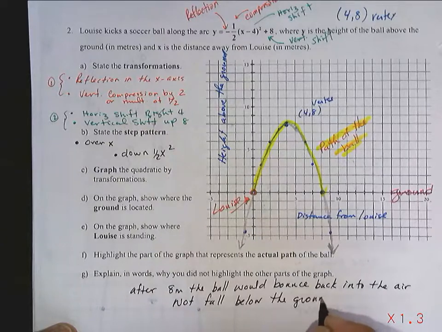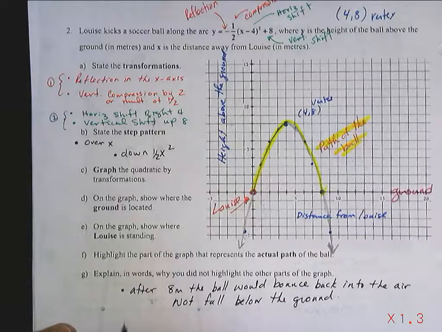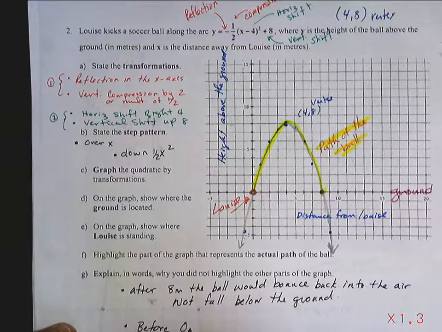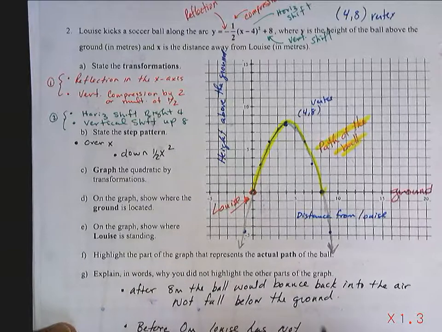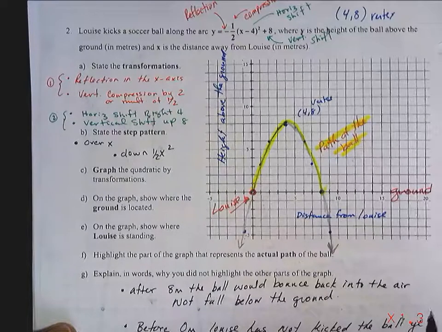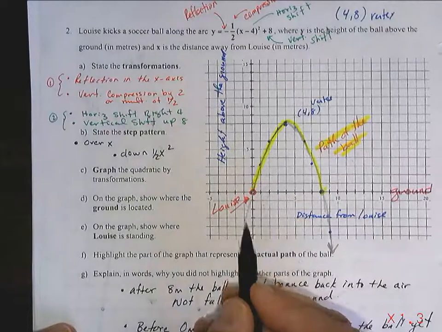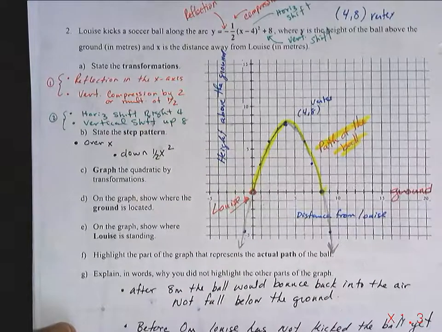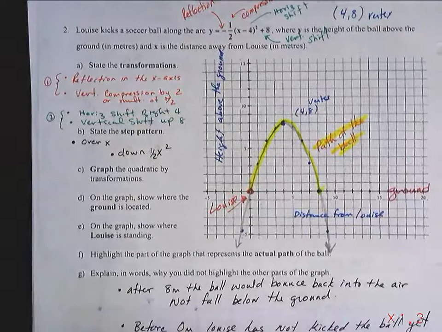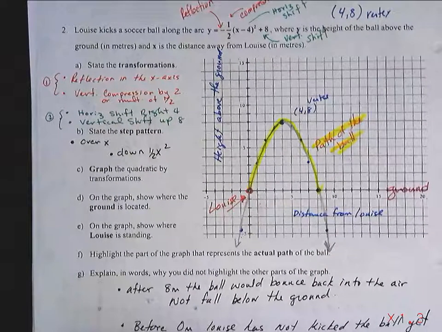Well, unless there was a hole or a cliff or something that I don't know about. And before 0 meters, Luis has not kicked the ball yet. And also, it would be below the ground coming to Luis, which makes no sense at all. So that's just nuts.